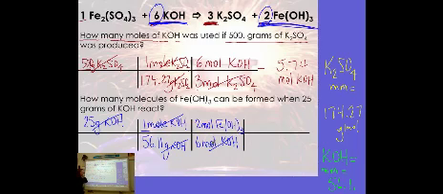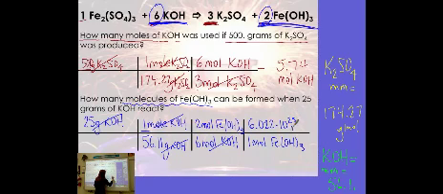I'm now in moles of FeOH3, but my problem wanted to know how many molecules of FeOH3. Now we've got to use Avogadro. 1 mole of FeOH3 always equals 6.022 times 10 to the 23rd molecules.